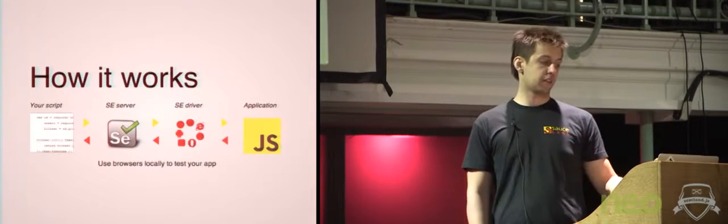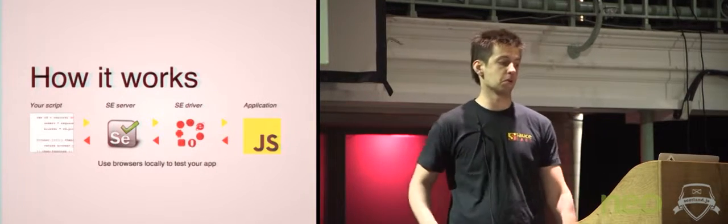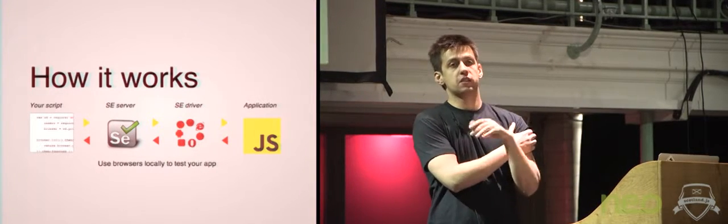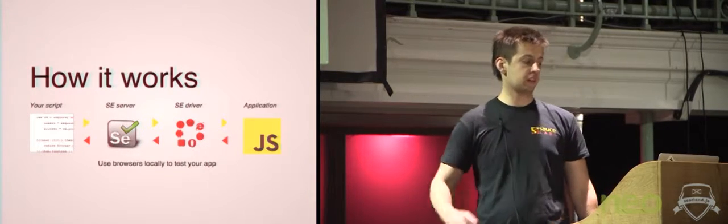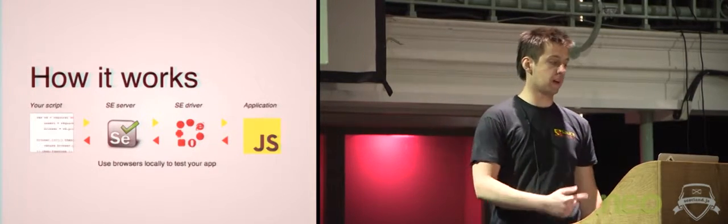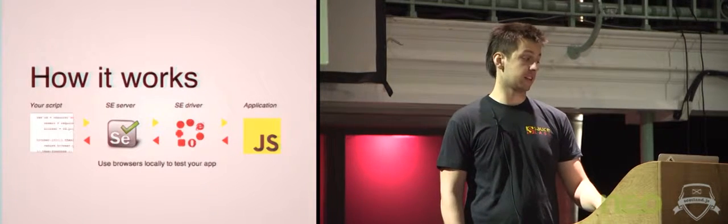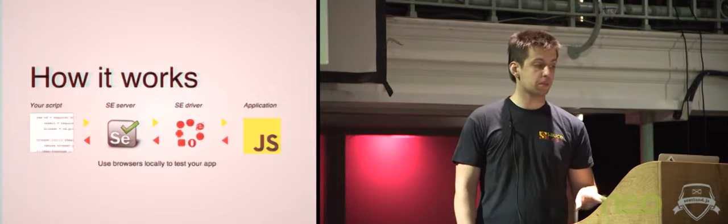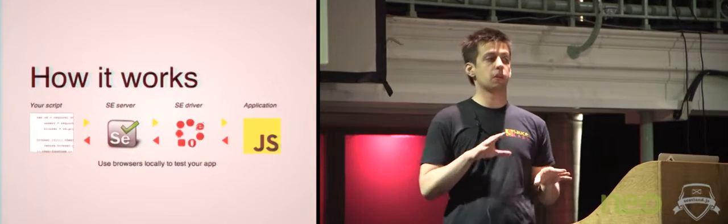Yeah, and then after connecting with the driver, it is hitting your application in the browser. And then after each step of your automation test, you get the response. The response is coming back down to your script. And the important part also is that the Selenium server does not have to be on a local machine.